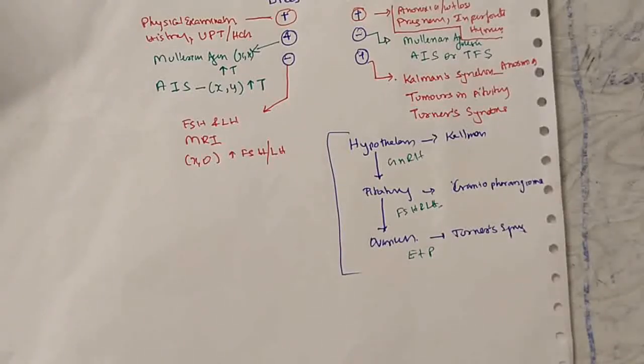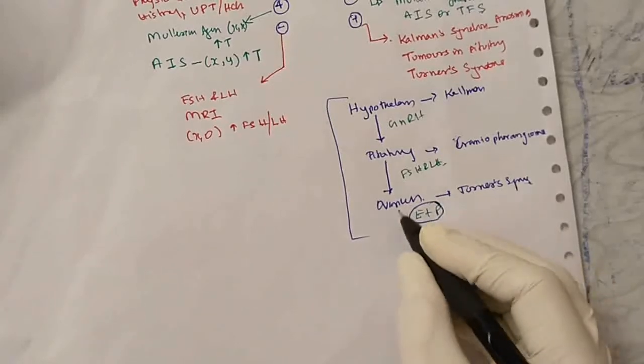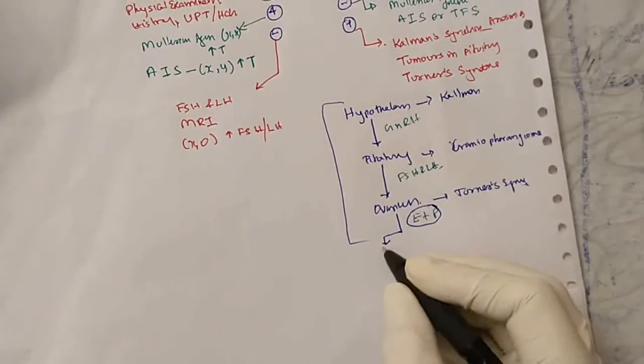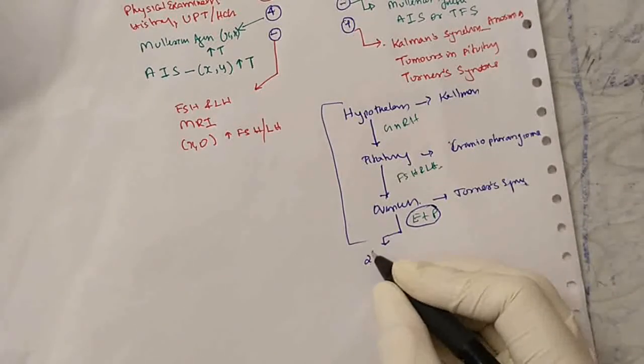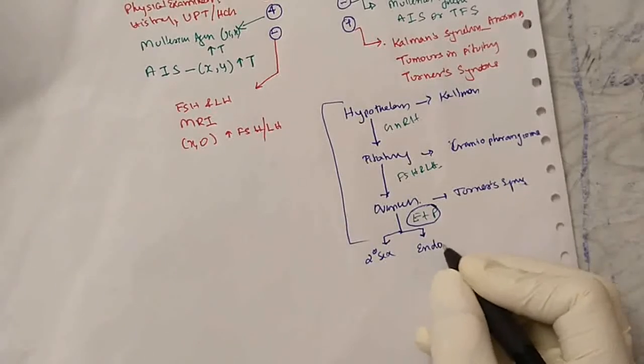Now we'll talk about the embryology. Here I forgot to mention, after ovaries you can even write secondary sexual characteristics and endometrial proliferation.